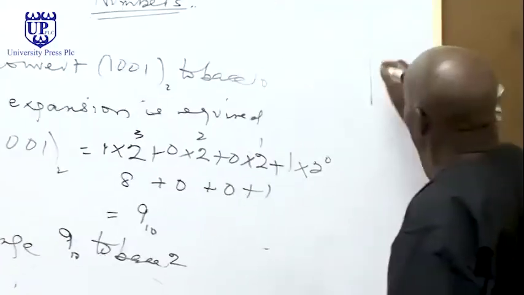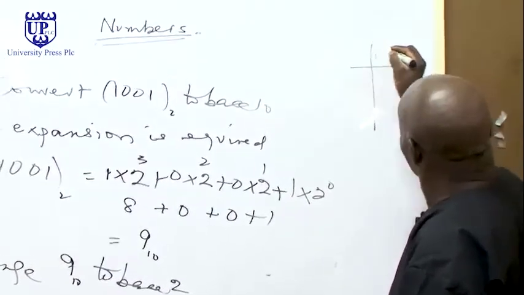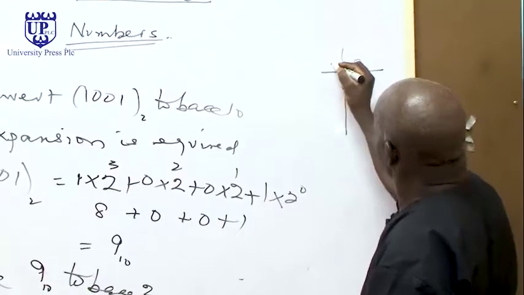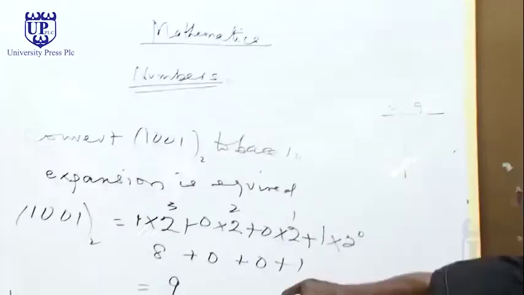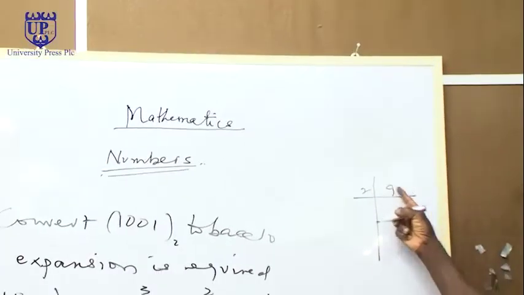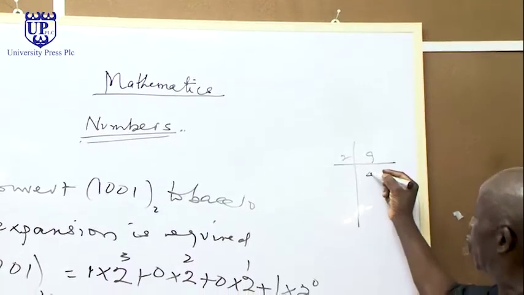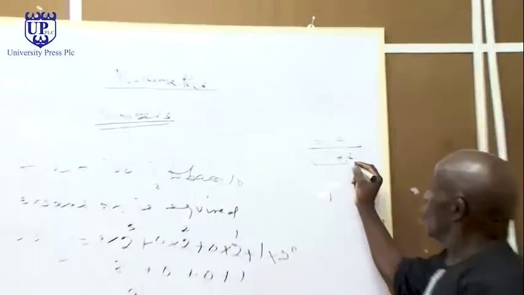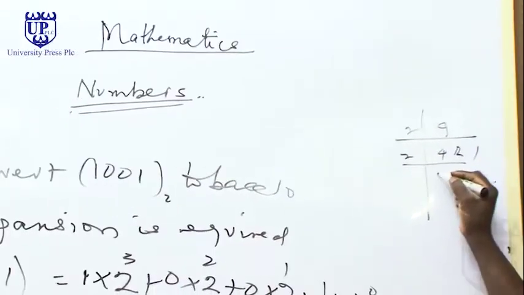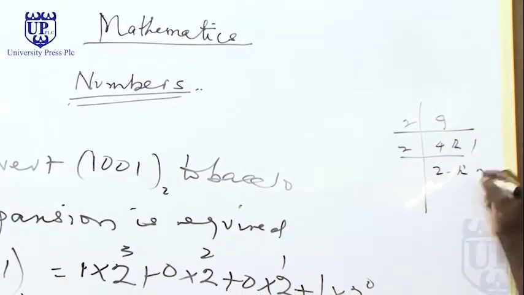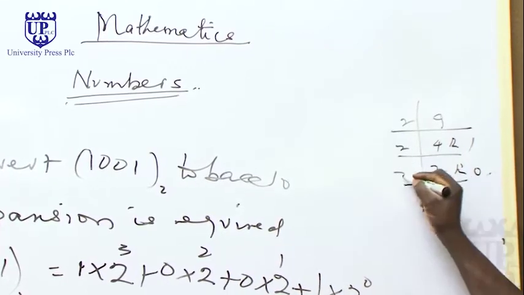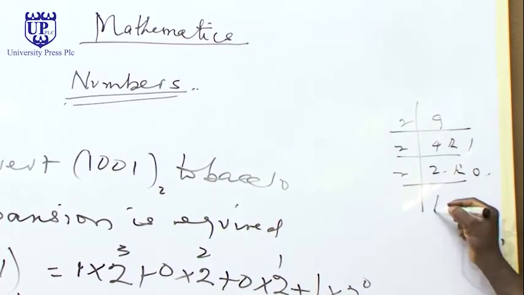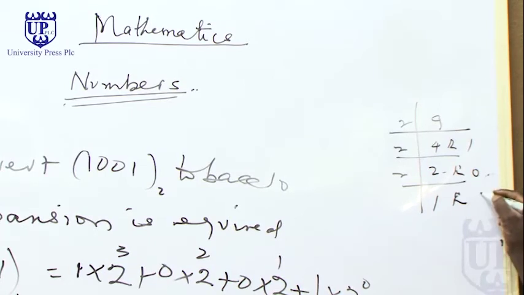The process is this. You draw a line and you start dividing 9. You start dividing by 2 because it is in base 2. 9 divided by 2, the answer is 4. It remains 1. You use 2 again. 2 in 4, 2 remains 0. 2 again. 2 in 2, 1 remains 0.